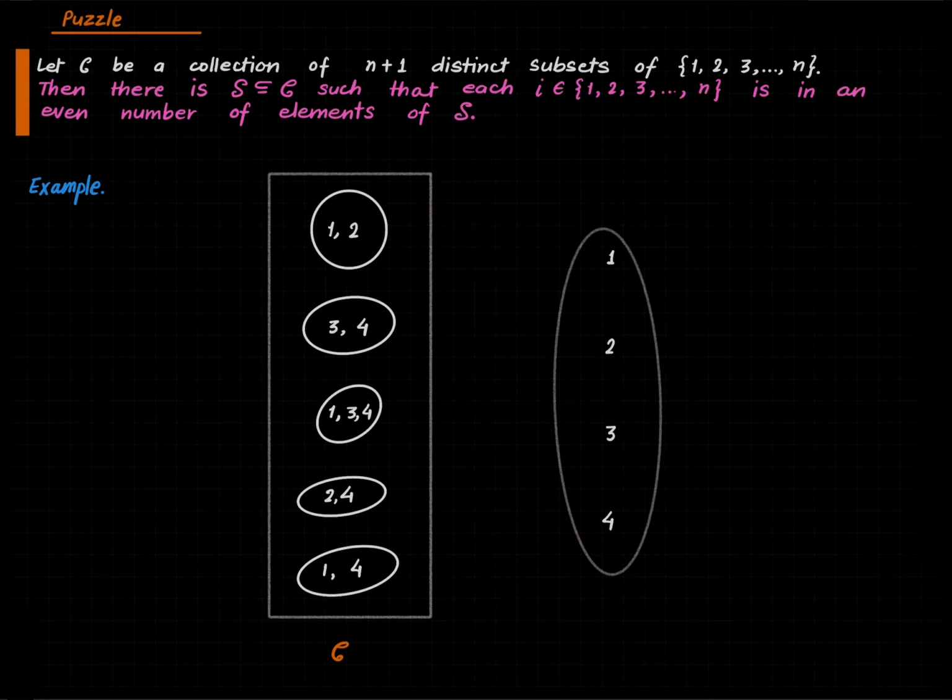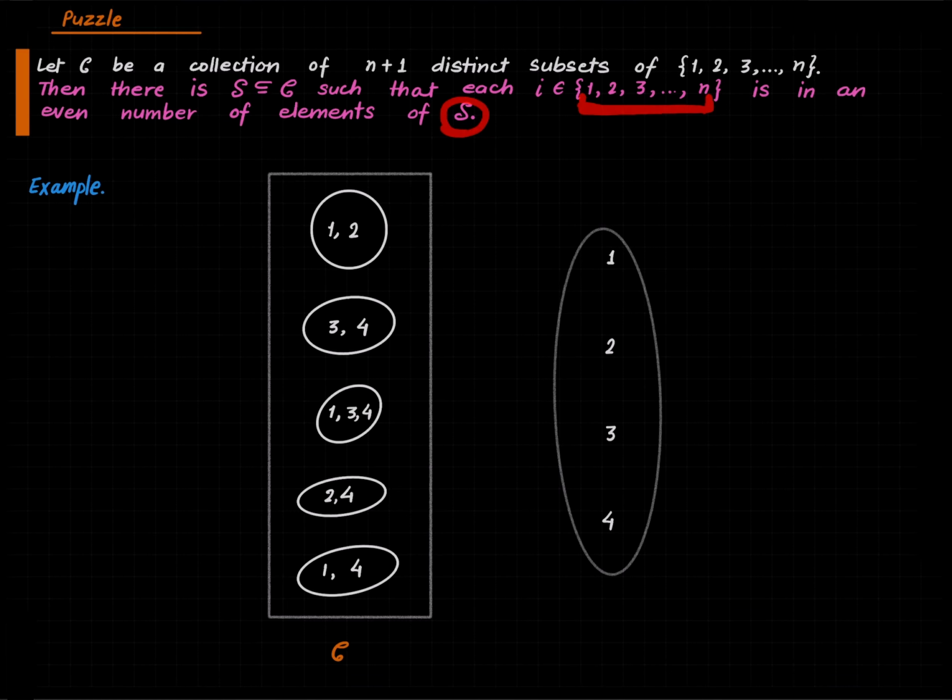The claim or the challenge is to show that there is a subset of the family, meaning a sub-collection of the given family of subsets, with the property that every element of the original set lies in an even number of elements of this subfamily.